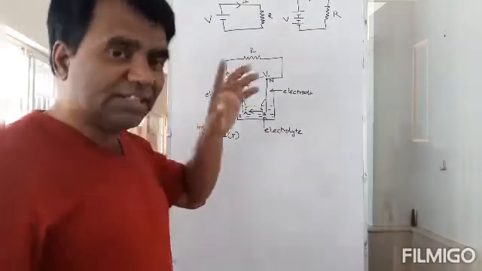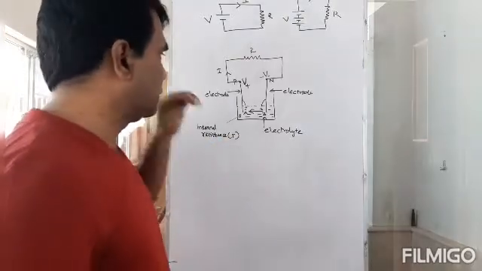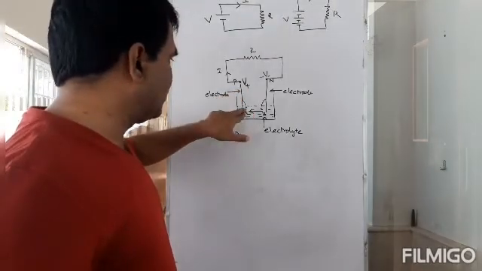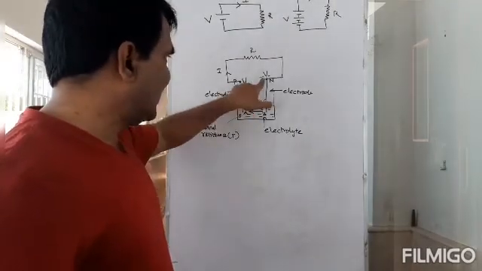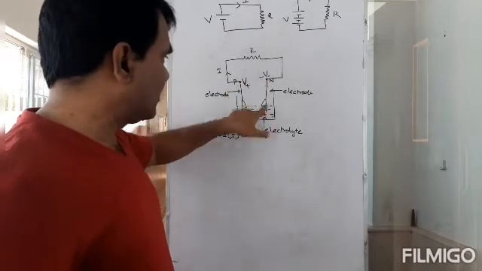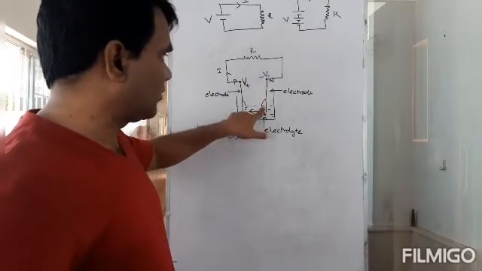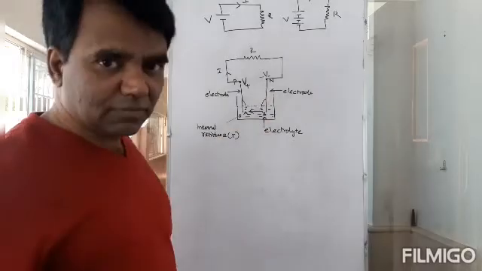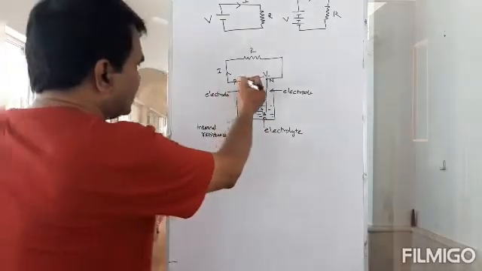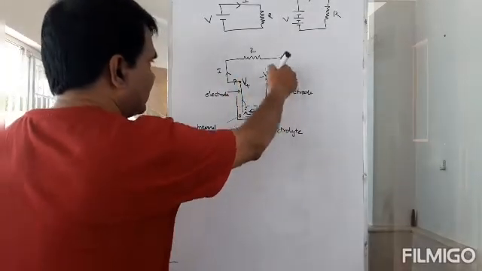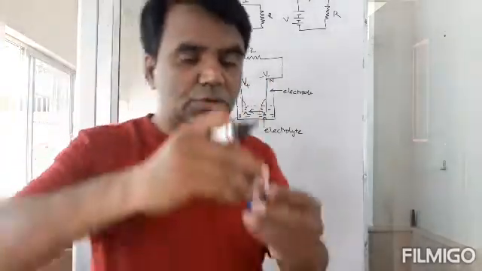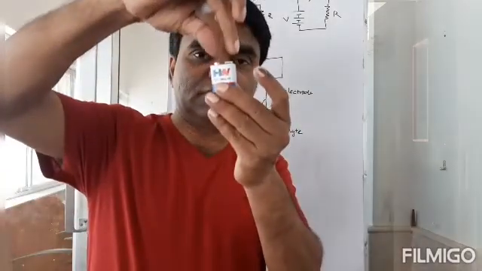Okay. Now let us see what's going to happen. So this is V plus with respect to this point A, and this is V minus with respect to this point B. Okay. Now what would be the total potential difference in this path between the two terminals of the battery?